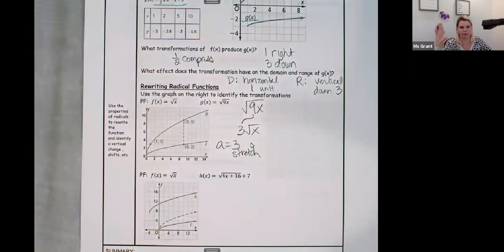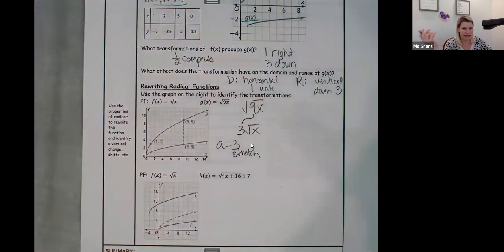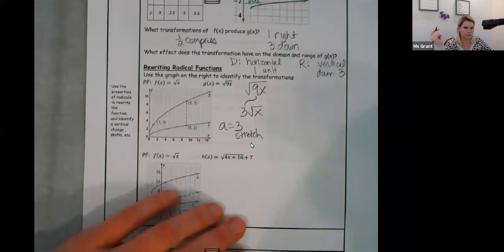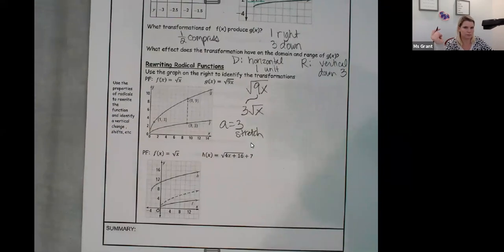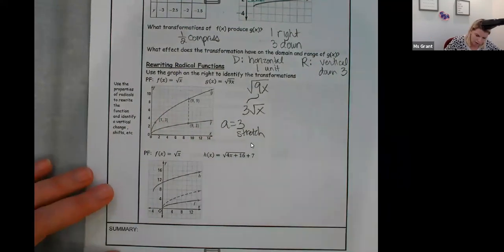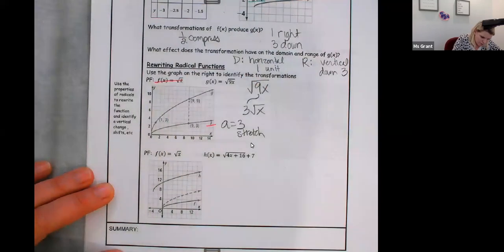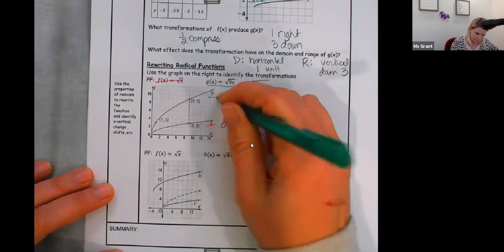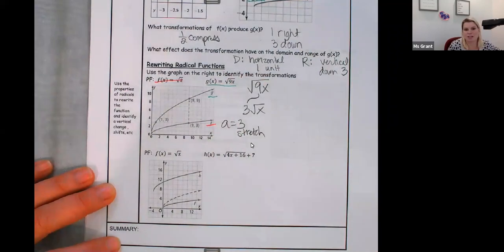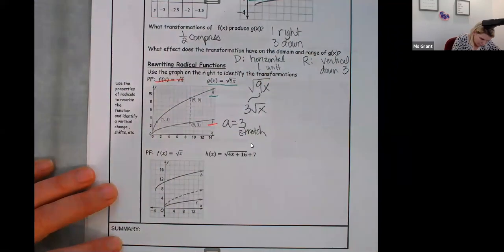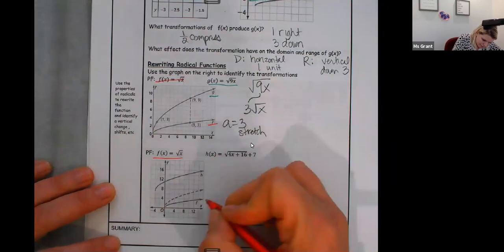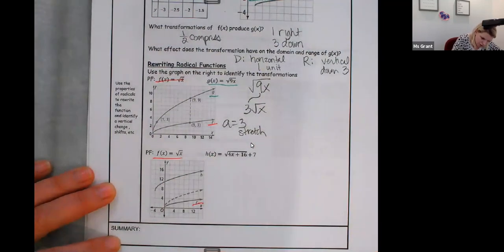It's a 9, like not by accident, because that's a perfect square. So real quick, here's my F, and here's G. That's what the 3 does to it. The next one, here's F, and here's H.